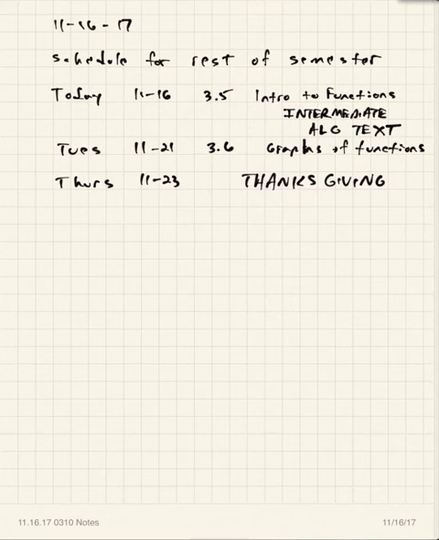All right, and then the following week, Tuesday, the 28th of November, we're going to look at sections 2.6 and 2.7, and those are on absolute value. That's what we're going to finish with, absolute value in section 2.7.